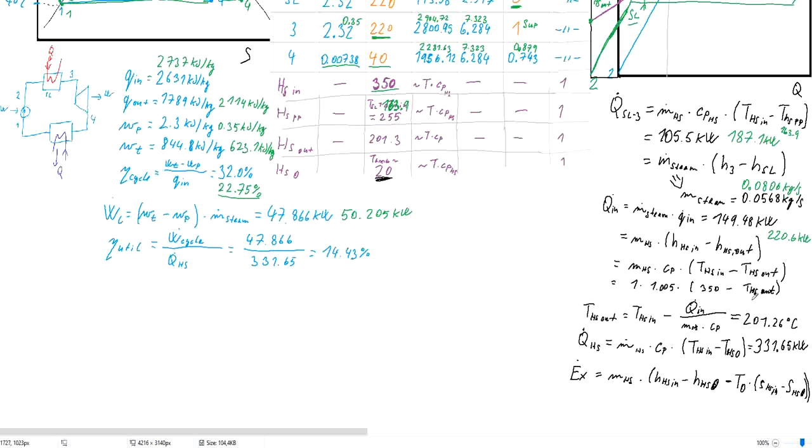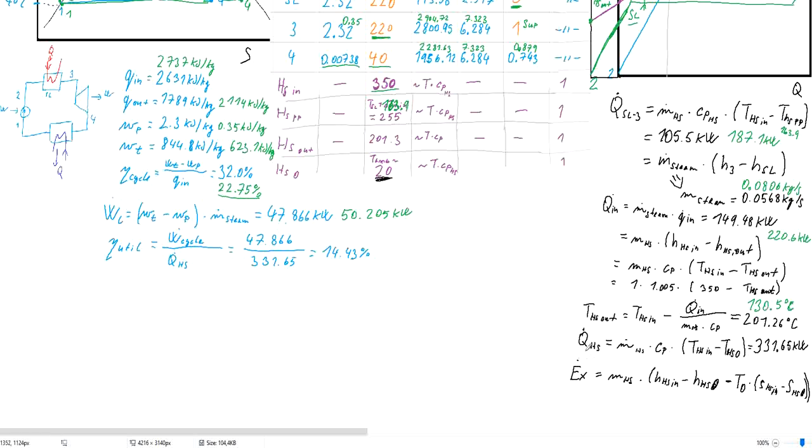Now the outlet temperature of the heat source will be obviously lower, and if we run the numbers with the green cycle, we get the outlet temperature of the air 130.5 degrees C. So this cycle could extract more heat, outlet temperature is lower.